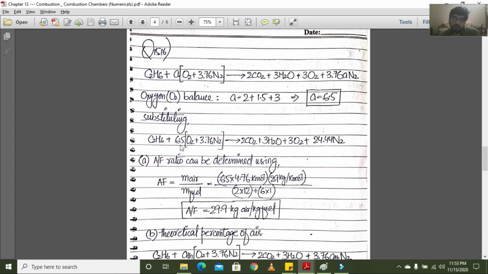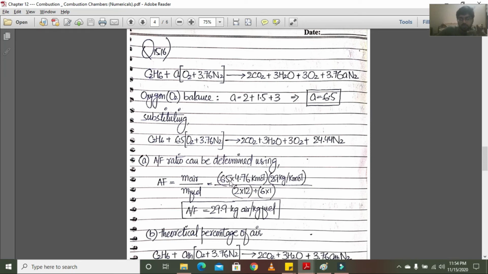And in order to determine the air fuel ratio, what I need to do here is I have to determine the mass of the air and simply divide it with the mass of the fuel. And mass of the air can be determined by multiplying the number of moles of the air with the molecular mass of the air, which is 29. And the number of moles of the air can be determined by simply multiplying this 6.5 with 1 plus 3.76, which is 4.76.